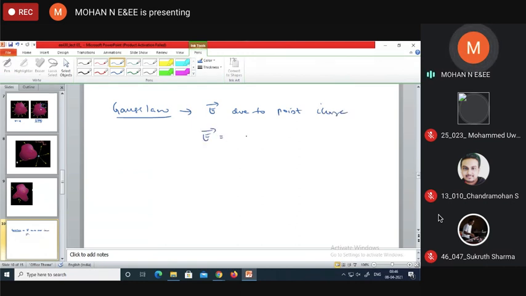E vector is nothing but D vector by epsilon naught, that is equal to Q by 4 pi epsilon naught r square into a_r cap. This is what we have derived.